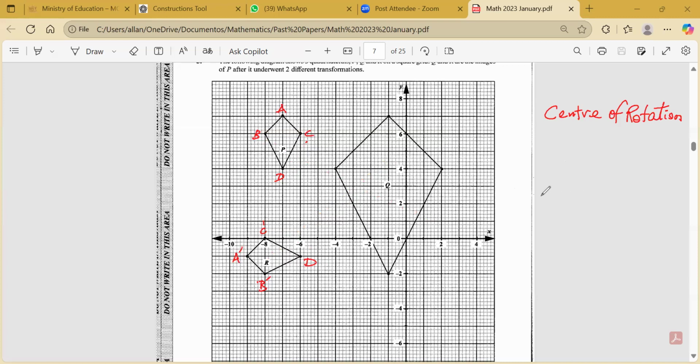Now, to get your center of rotation, COR, you have to bisect CD. Well, it's not equal, it's not anything. So you're bisecting CD, then bisect C prime, D prime.